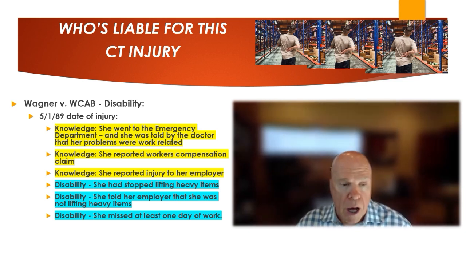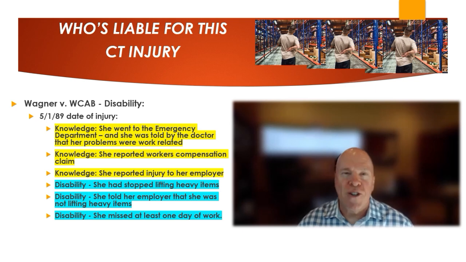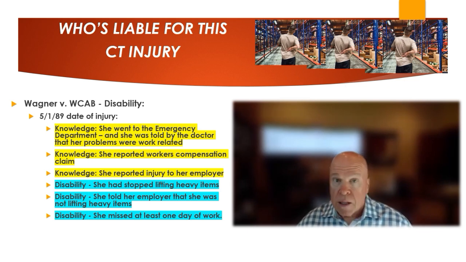The date of knowledge was found to be in May of 1989, but the crux hinged on the disability. And CIIC argued that May 89 was also the date of first disability, because that was when Wagner stopped lifting heavy items at work.